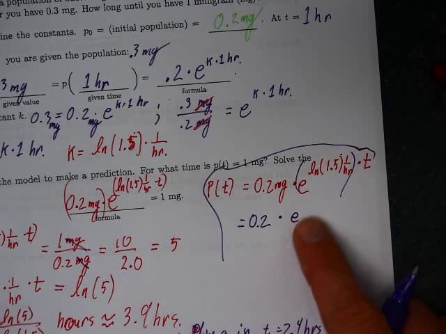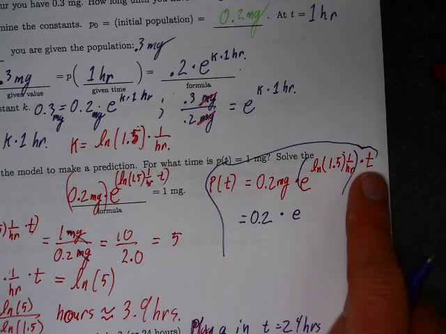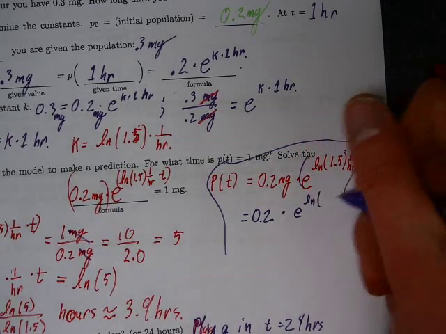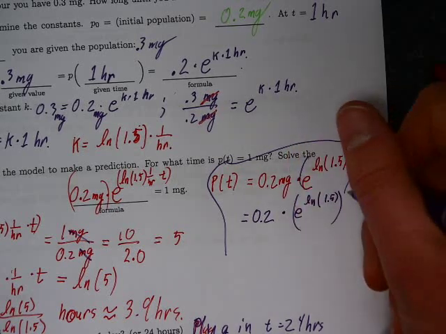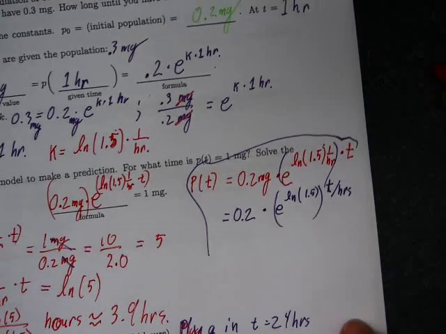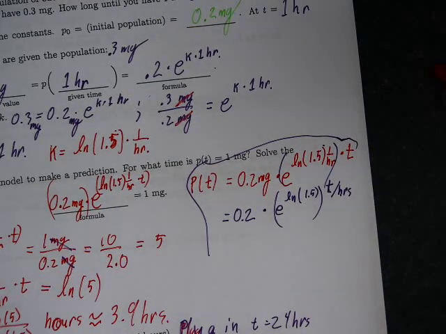I see a product of two things in an exponential, so I could realize this is an exponential of an exponential. That's e to the ln of 1.5, and then raised to the t in hours. But what is e to the ln of 1.5?